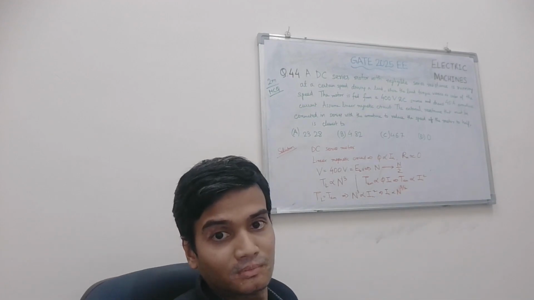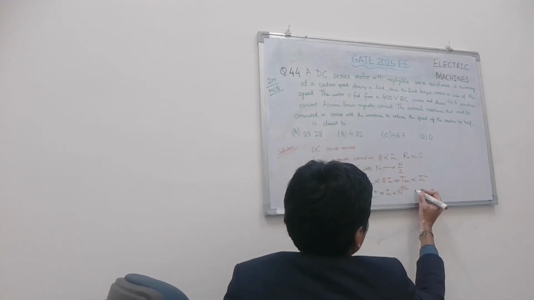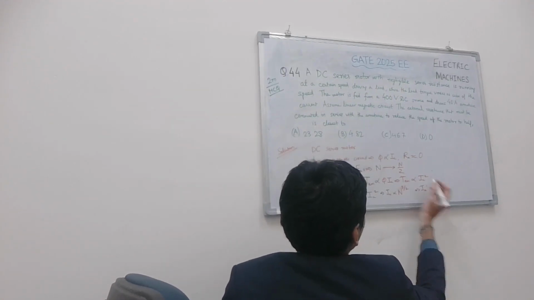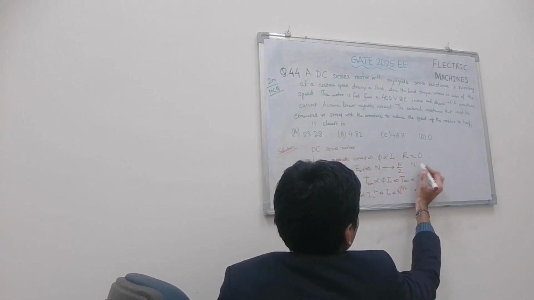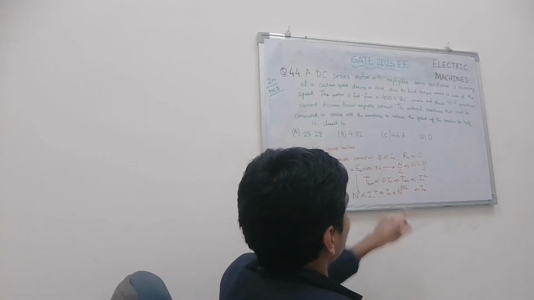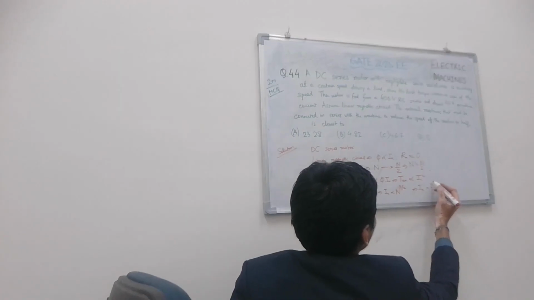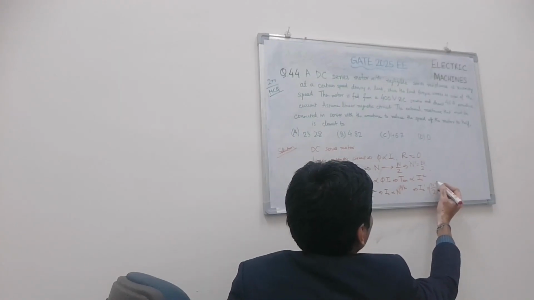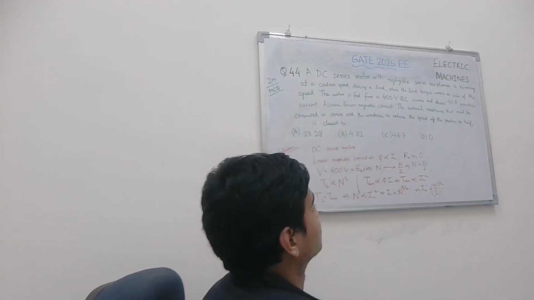To reduce the speed to half, Ia should reduce to Ia prime, with n prime equal to n by 2, to the power 3 by 2.